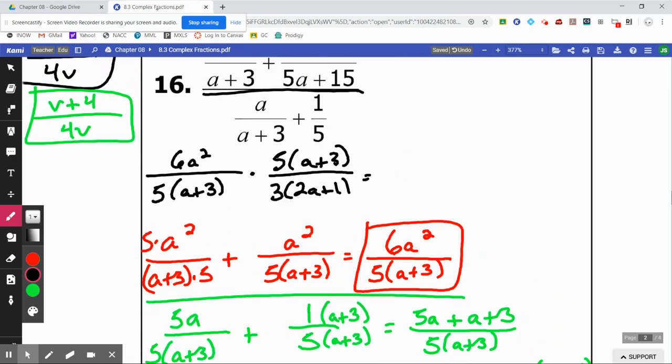Let's cross cancel. The 5s are gone. The 6 and the 3 leaves you with a 1 and a 2. The a squared stay put. The a plus 3s are gone, and it leaves you with a 2 and an a squared on top. And it leaves you with a 2a plus 1 on bottom.